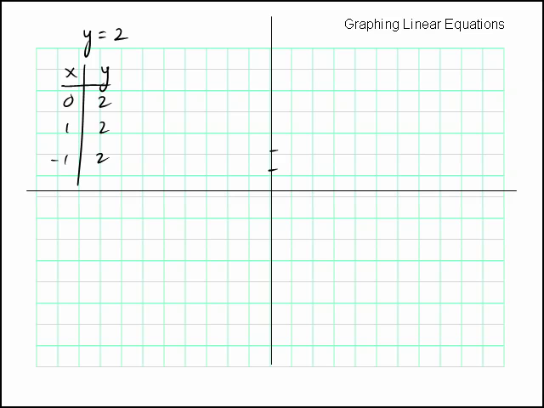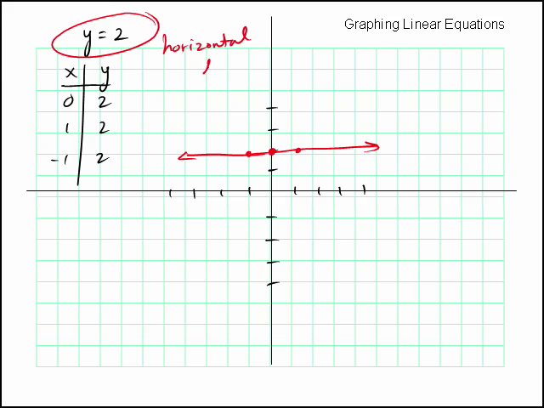So if we were to plot these points, what we would end up with is (0, 2), (1, 2), (-1, 2). We end up with a horizontal line. So a good thing to remember is if there's no x's in your equation, it's just y equals some number, you're going to end up with a horizontal line.